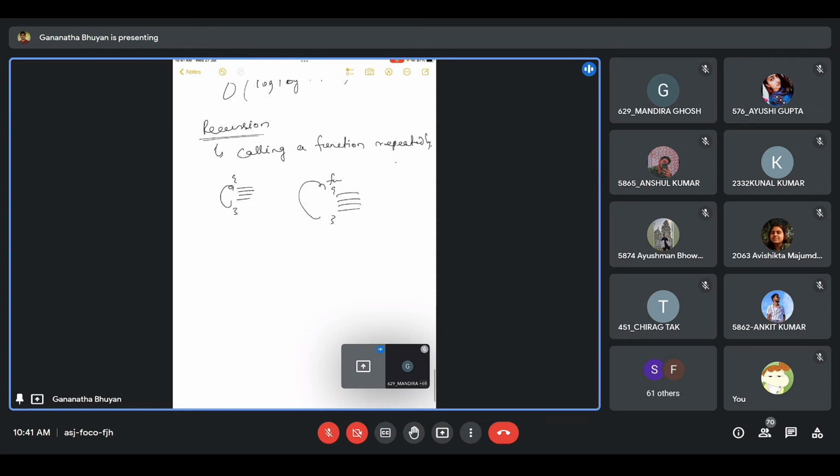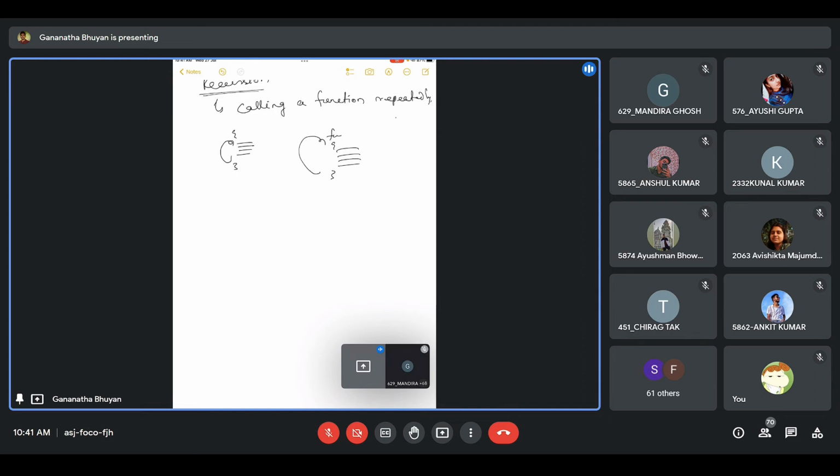In the case of recursion, we will see what happens. I hope you know about functions: function call, function prototype or signature, function declaration, definition, and function call. Everyone is clear about all these things?